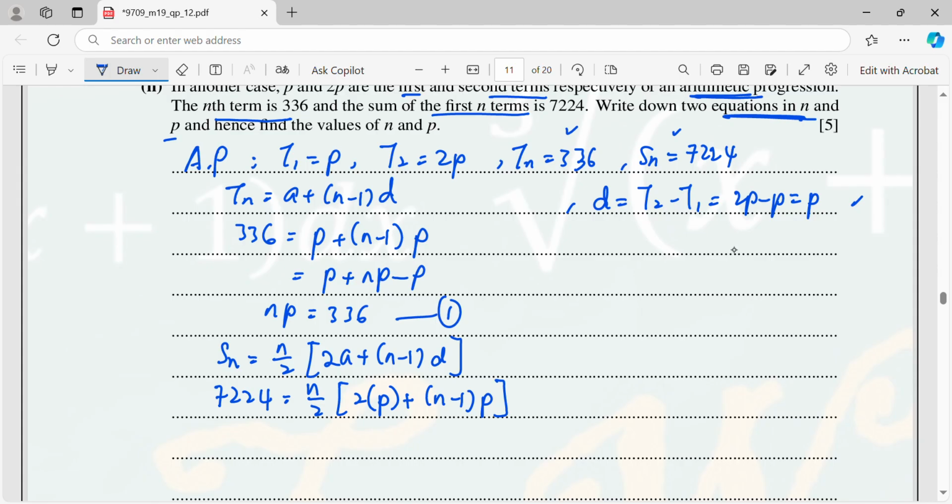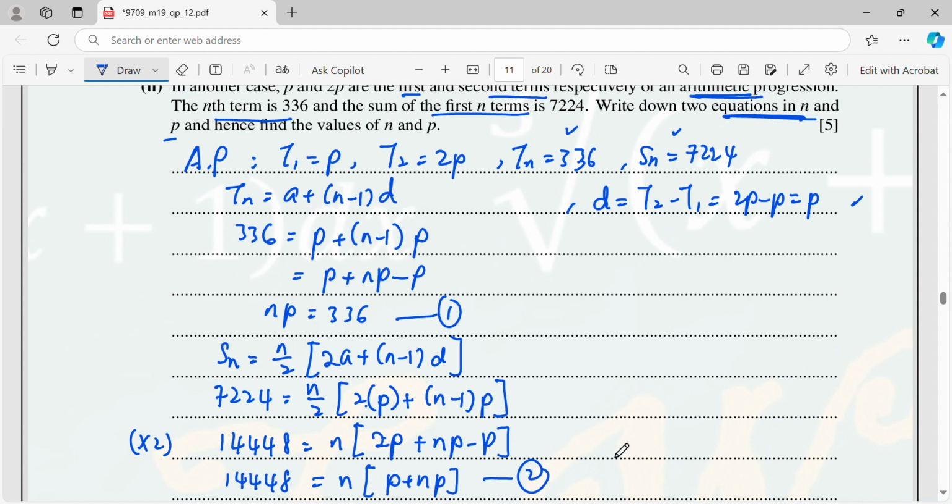So probably you can just times 2 to the whole equation. Then you will be getting left side 14448. Then right hand side you have n bracket 2p plus np minus p. So you may get n bracket p plus np. This is my second equation.